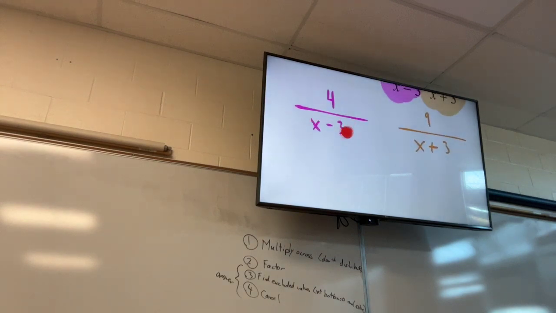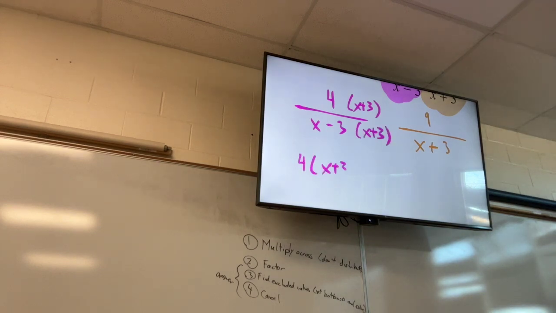So then let's look at this. What is my pink denominator missing that my orange fraction has? X plus 3. So we need to multiply the top and bottom here by x plus 3. Okay? So we have 4 times x plus 3. Then what's the orange denominator missing that the pink denominator has? X minus 3.